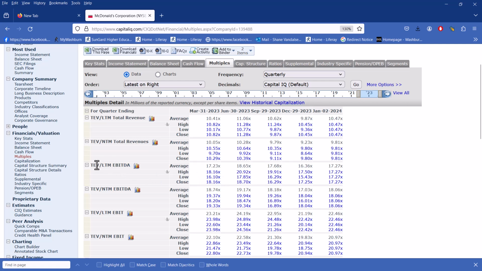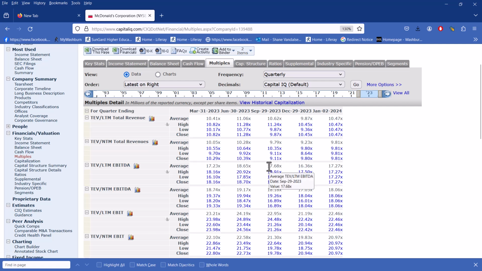This is the total enterprise value divided by the last 12 months EBITDA, or operating cash flows. We can see here what's been going on, and there's not really any distinct trend happening here, but the average total enterprise value divided by the last 12 months operating cash flows has been 17.23 times, and this was on March 31st of 2023.